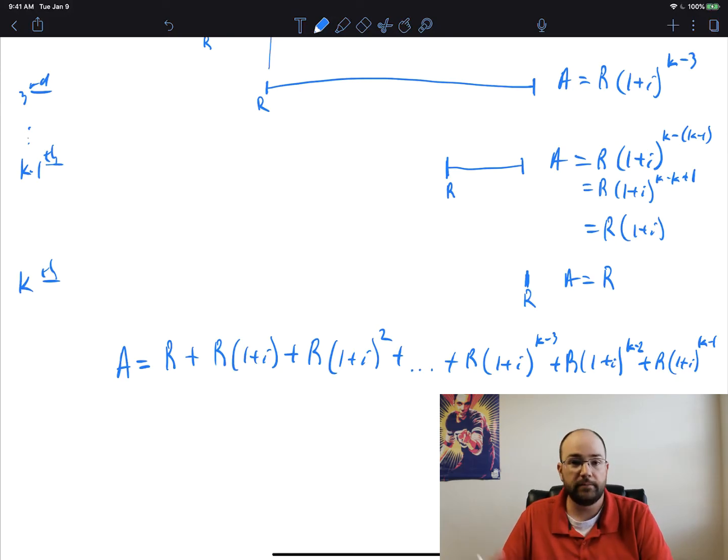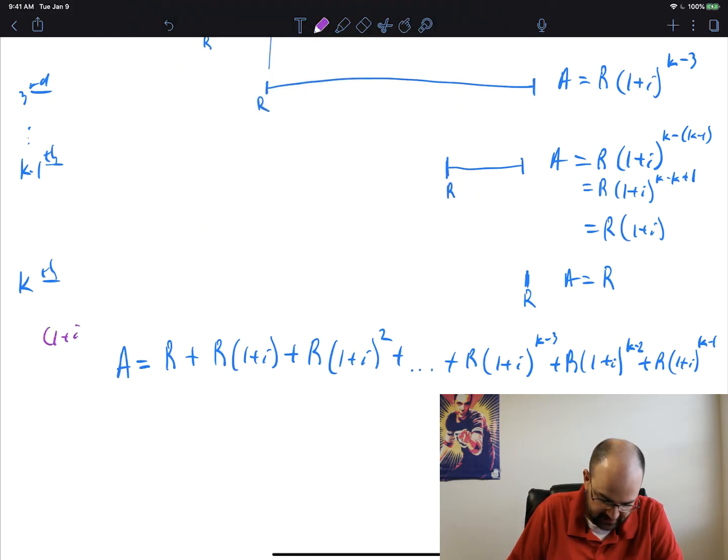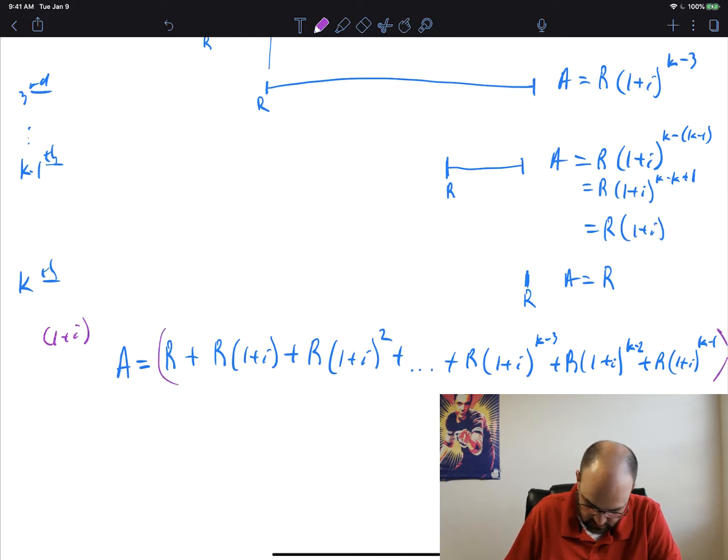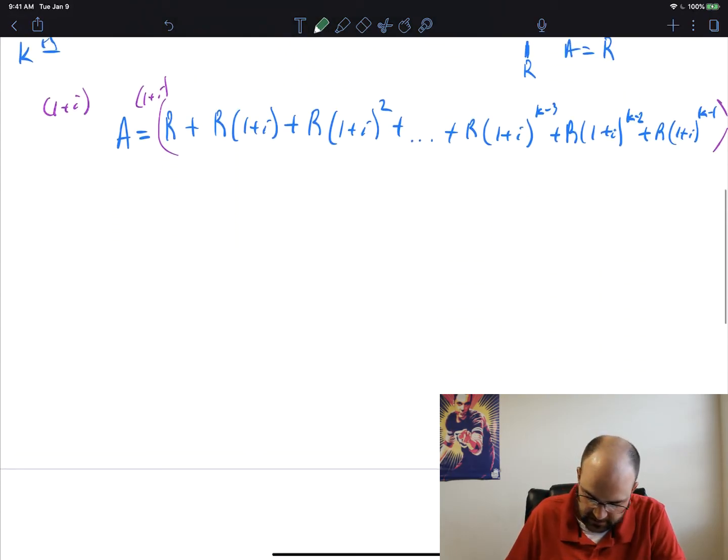Okay, now I'm going to do something crazy here, and I'm going to multiply both the left-hand side and the right-hand side by 1 plus I. And the reason that I'm going to do this is because, well, frankly, it'll make it easier.